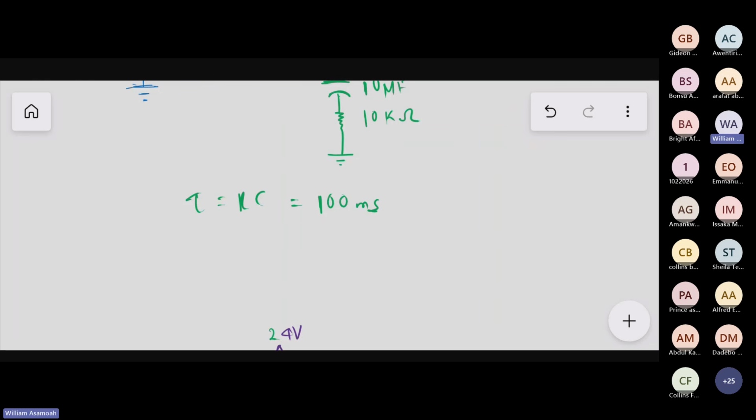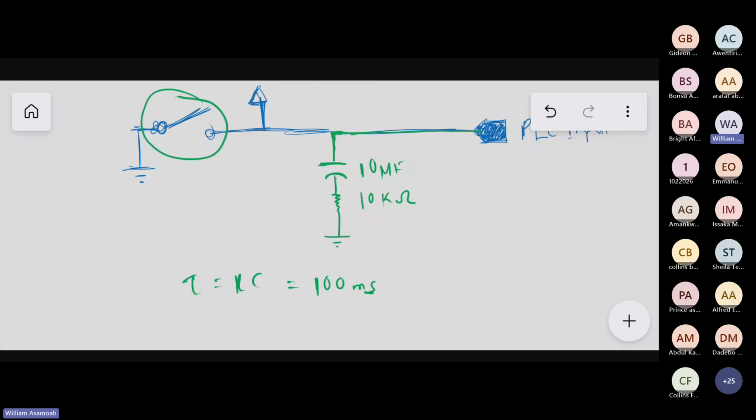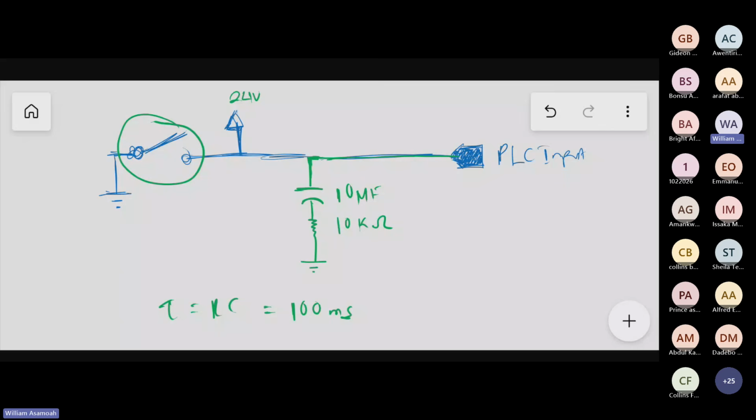So the switch bouncing back and forth occurs within a period of 5 milliseconds, right? Now for that time, will we be using the charging or the discharging transient?